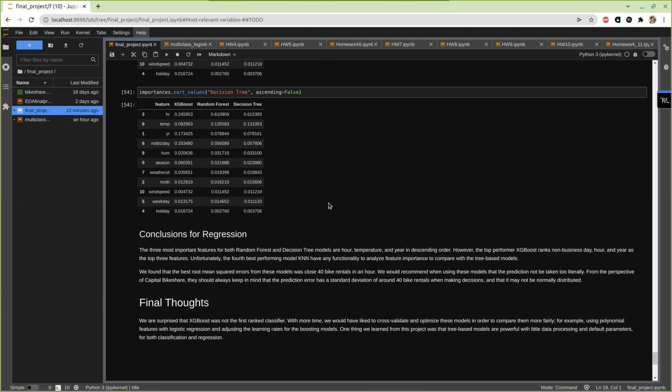They should build in and maybe run some analysis on what would be a good threshold, as well as knowing that this isn't linear data. It's not necessarily going to be normally distributed, so they can't necessarily rely on the standard deviation being roughly 40 bike rentals in an hour for their analysis. But we still found it to be very interesting that they were able to predict, as well as they were, how many bikes would be rented out in a day.